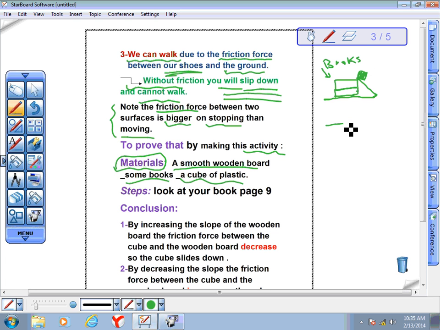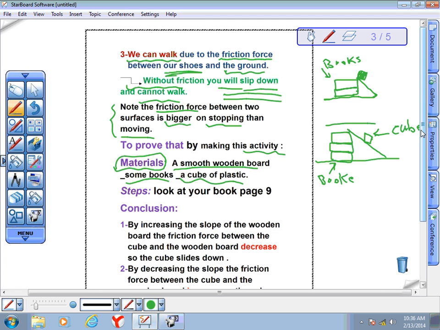We can bring another 3 boxes and put them on a table and put a smooth wooden board in a position that allows the cube to start to slide down. This is a book. This is a cube.